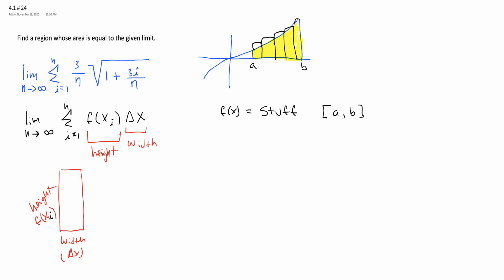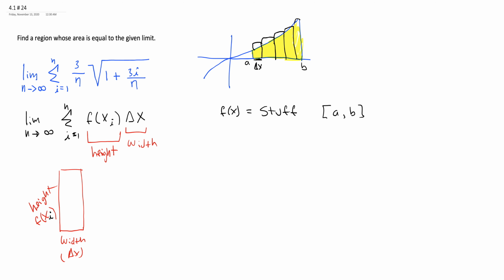Okay, and I'm going to move this A to the side a little bit. All right, so right here is delta x, which is the width of the rectangle, right?